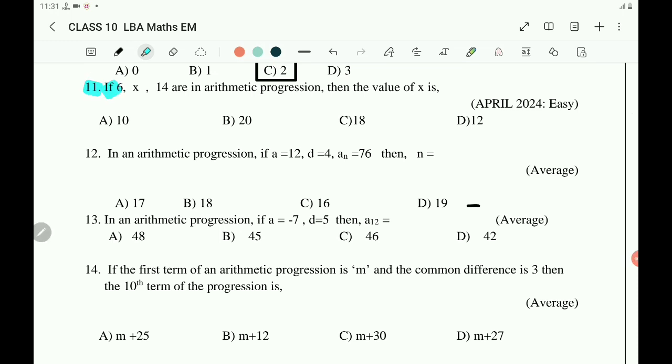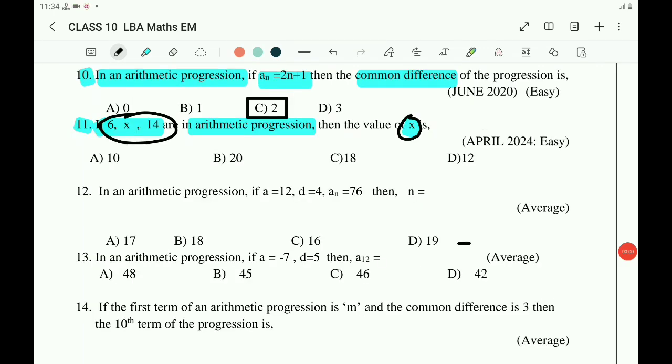Now, the 11th question. If 6, x, 14 are in arithmetic progression, then the value of x is? What we have to find out is the value of x. Here x is in the middle. 3 terms are there. x is the middle term. If 3 terms are in AP, the middle term becomes the average of the first and the third term.